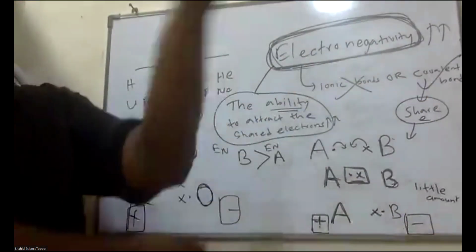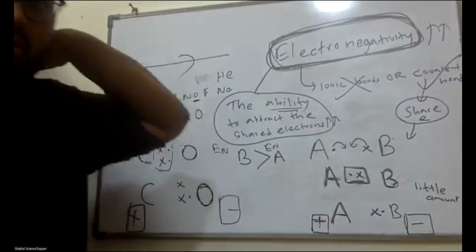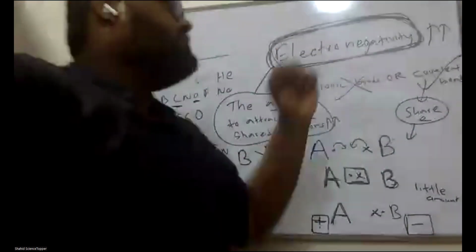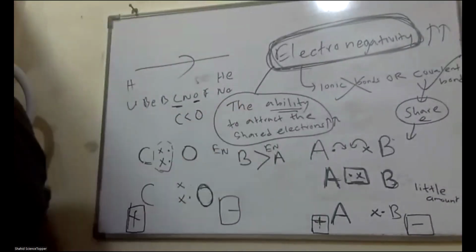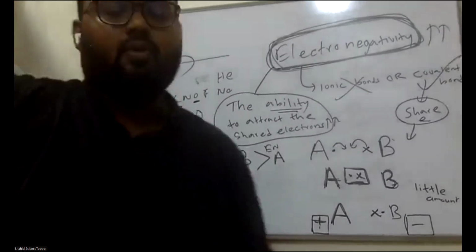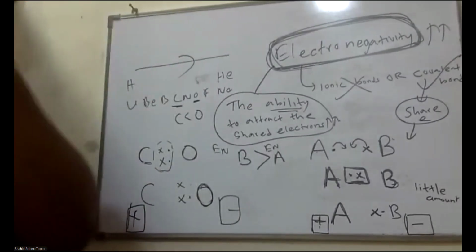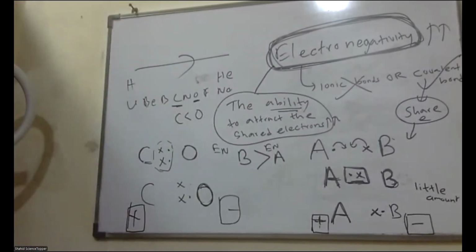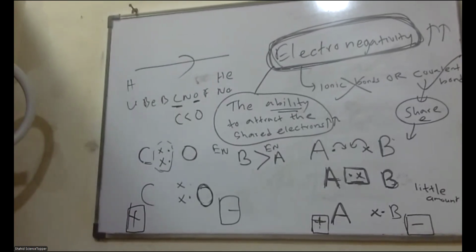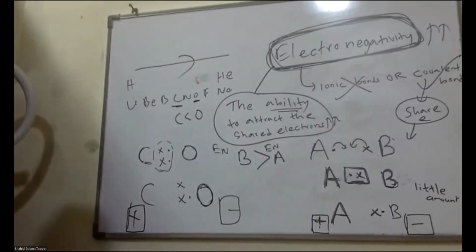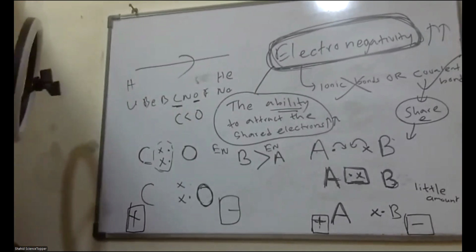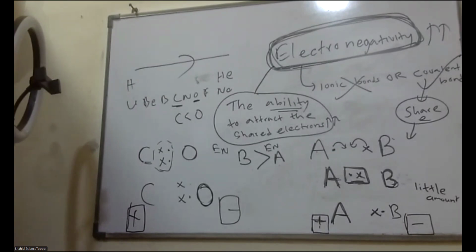We draw the graph and write the heading electronegativity. So under electronegativity, you write this definition first. The ability to attract the shared electrons.